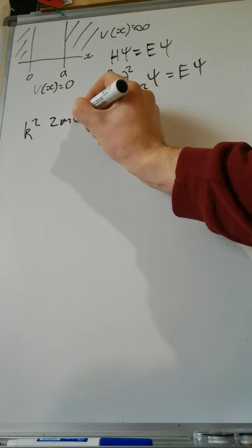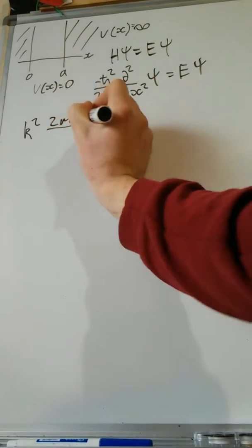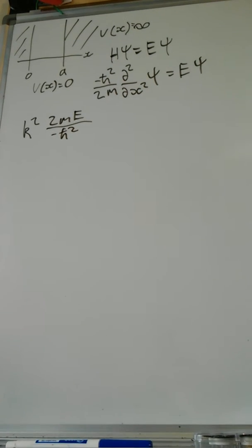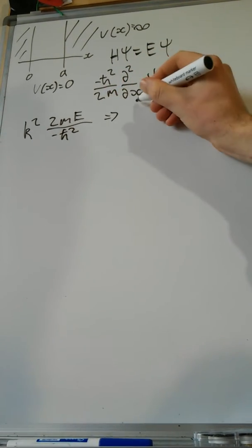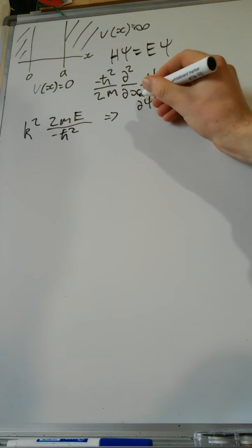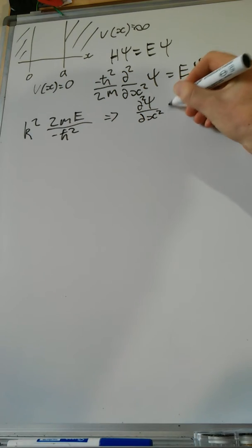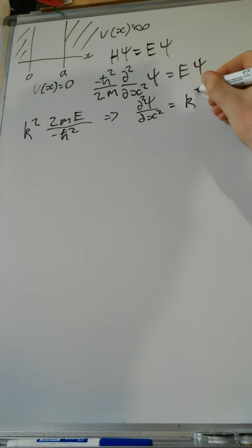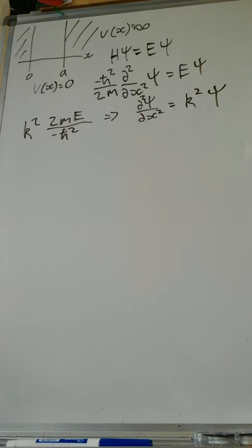So we have 2mE divided by negative h bar squared, and that means that del squared phi over del x squared is equal to k squared times phi.